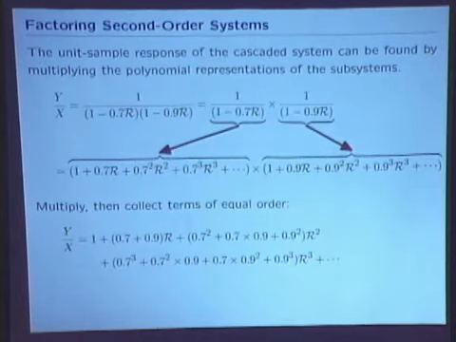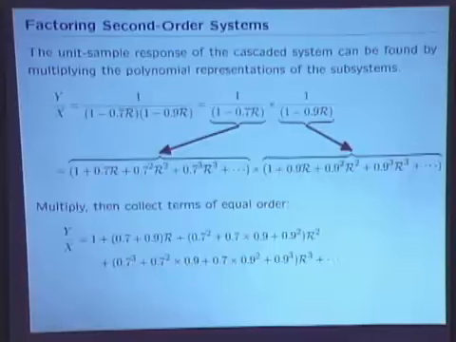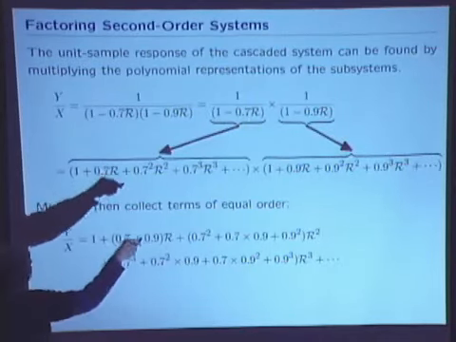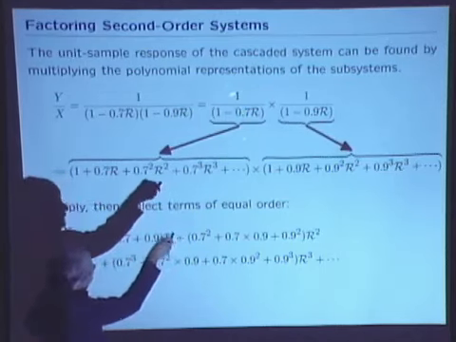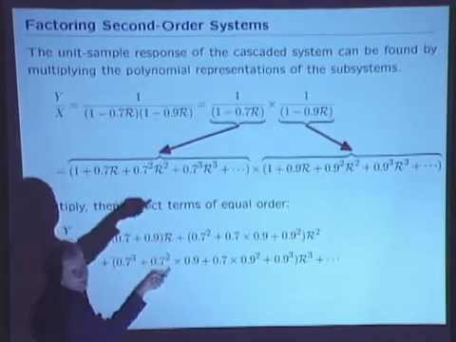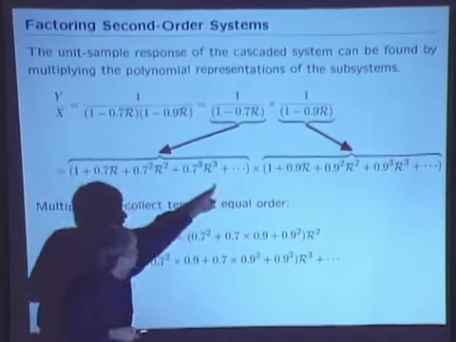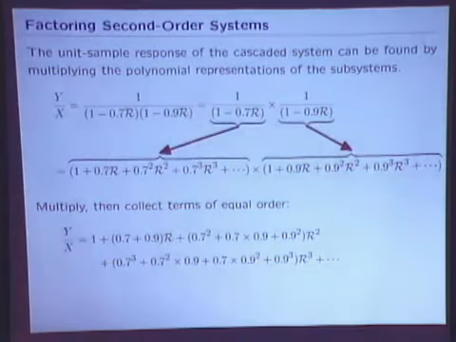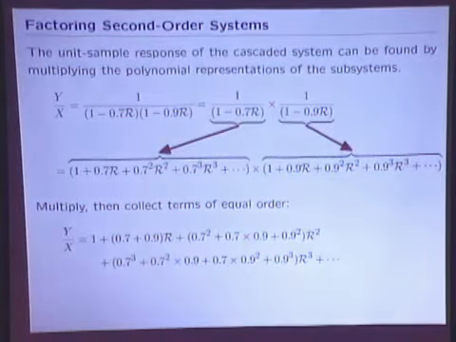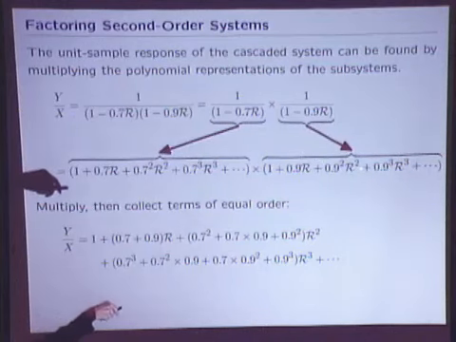Remember from last time, the first order feedback system can be equivalently represented by an infinite order feed forward system. So the unit sample response here, this first order feedback system, can be rewritten as that infinite order feed forward system. This one can be written that way.